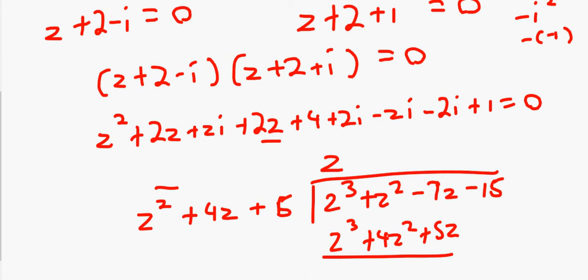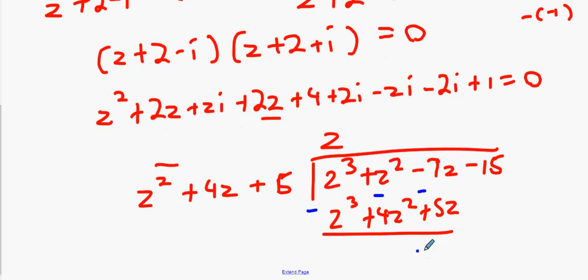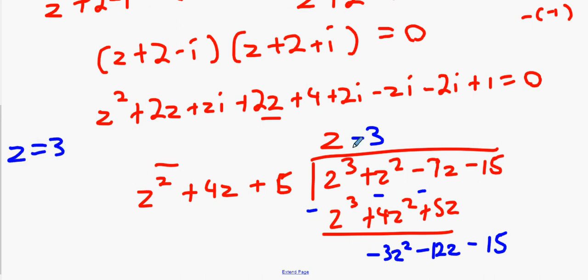Changing to minuses. Minus 3z squared minus 12z minus 15. Then we get z equal to 3 as the other one. As in z minus 3 is a factor, and z equals 3.